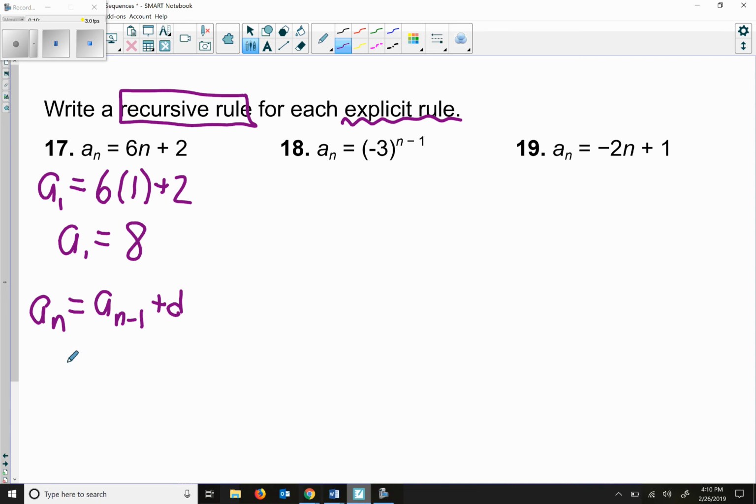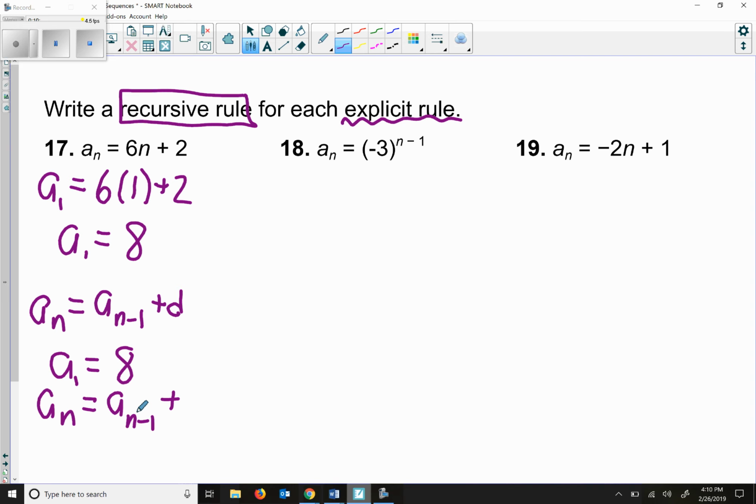So your recursive rule should look like this. Define your first term, and then you've got A sub n equals A sub n minus 1 plus that common difference. Ooh, that's the thing that we've got to find now.